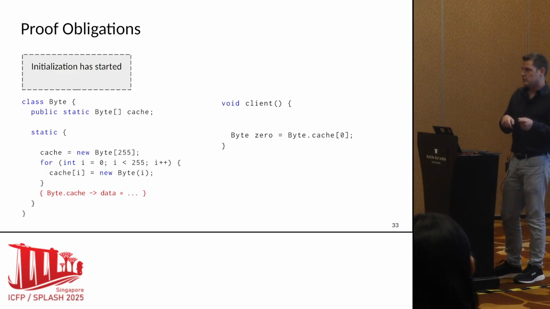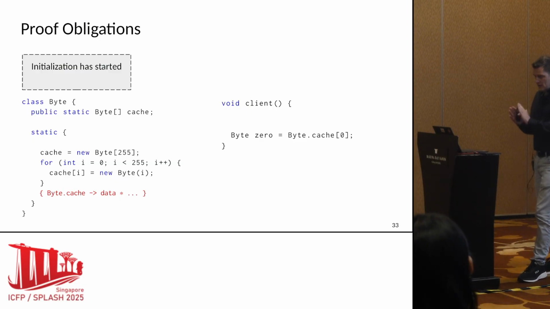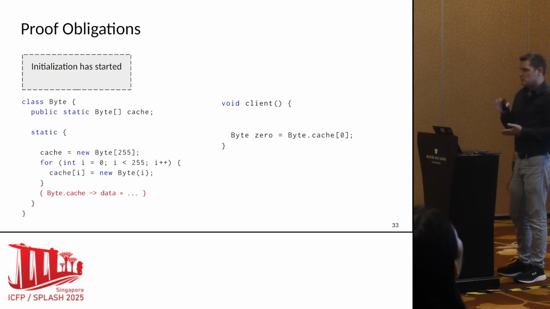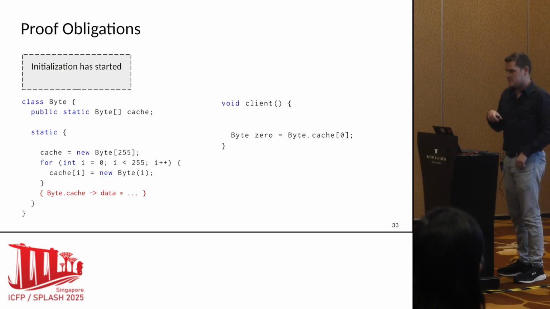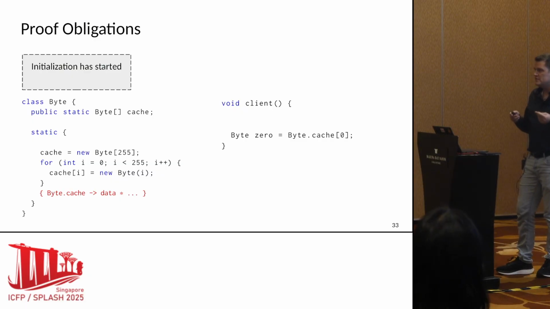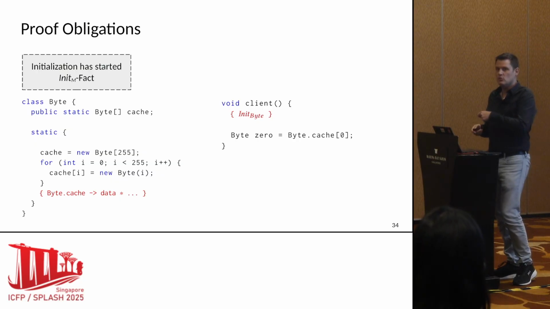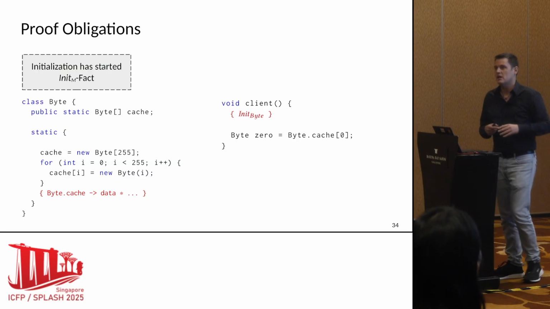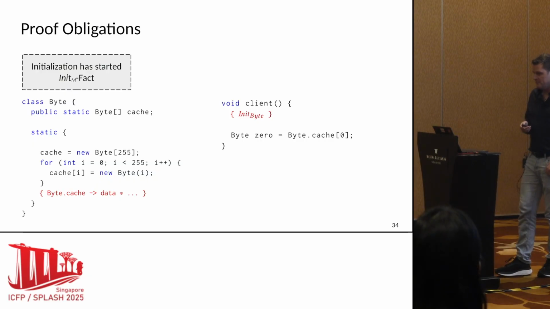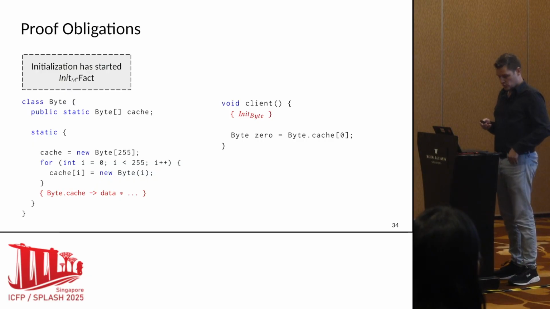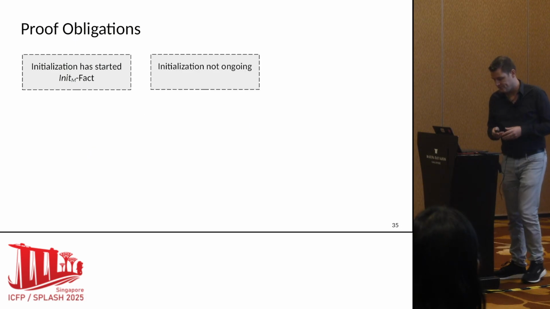If, on the other hand, we're in an eager language like C, then initialization will have happened long ago before main was even called, right? But in either of these cases, we know that at the latest, when we try to read the cache field, it will have started. And we represent this fact through an assertion that we call an init fact. So init m of a module means at some point in the past, initialization of m has started. So this is the first thing you have to prove if you want to use a module invariant.